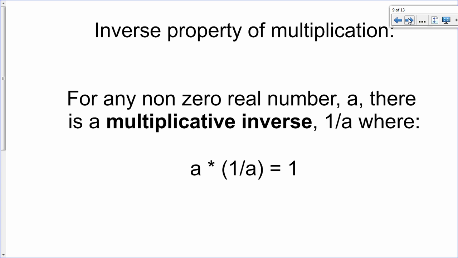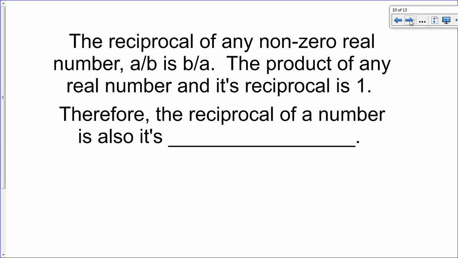The inverse property of multiplication says for any non-zero real number, a, there is a multiplicative inverse, 1 over a, where a times 1 over a is going to be equal to 1. The reciprocal of any non-zero real number, a over b, is b over a. You flip it.